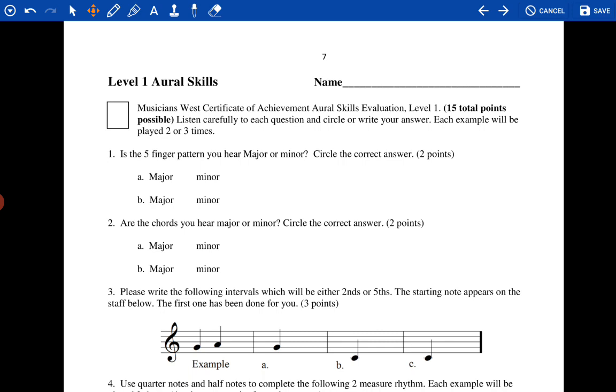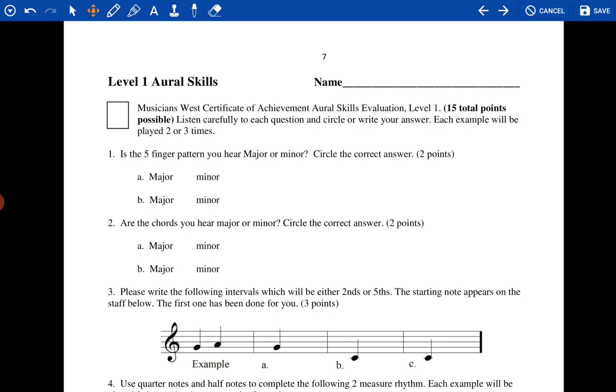Good. Listen to the next one. Almost all notes are the same except one, and that actually makes this pattern minor. Let's move on to the next one. Listen carefully. What did you feel?